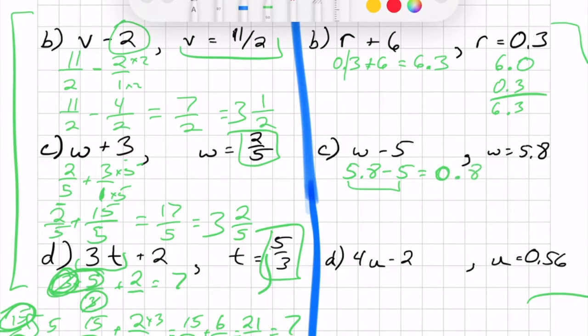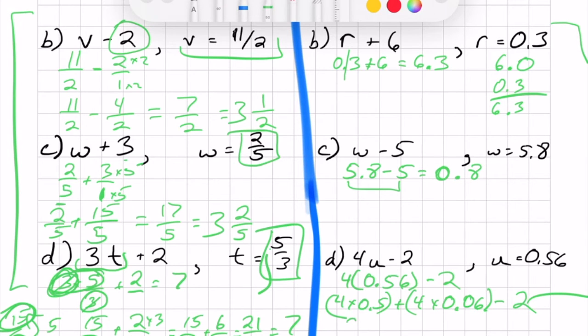And this last one here, I have 4, and this is going to be multiplied by 0.56. So what I can do here, minus 2, is 4 times 0.5 plus 4 times 0.06. Then I'm going to subtract the 2.